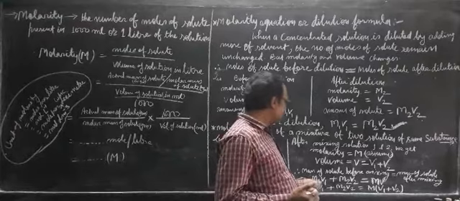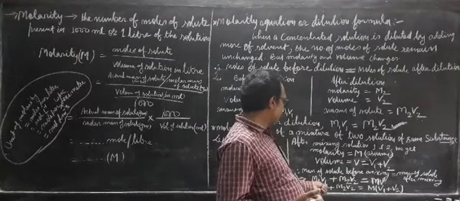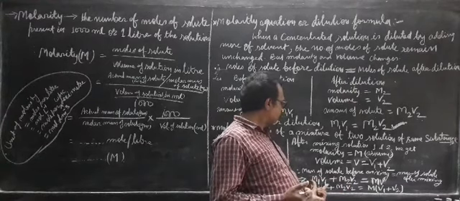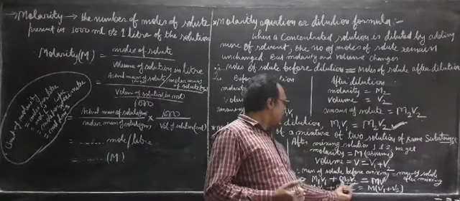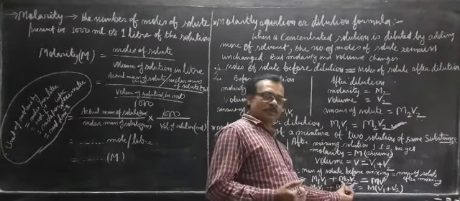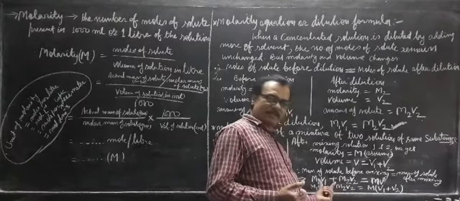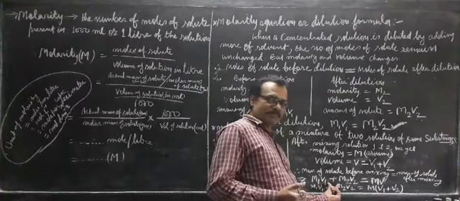So what is the amount of solute before mixing? That is M1 V1 plus M2 V2. This is the solute of solution number 1 and this is the solute of solution number 2. So this is the total amount of solute before mixing.